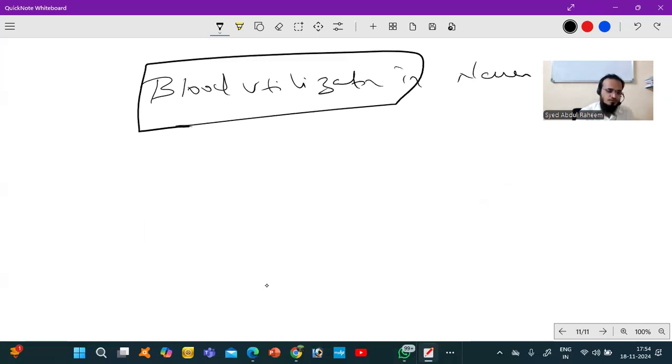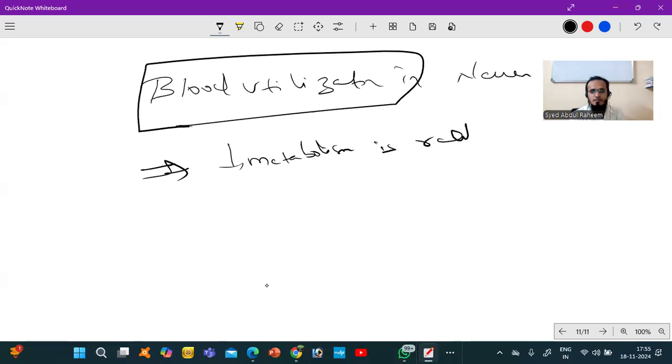Very important. So what are the remedies and what is the treatment we go through to treat this patient? Basically, please remember, any place where the function or structure is affected, it means the metabolism is reduced.